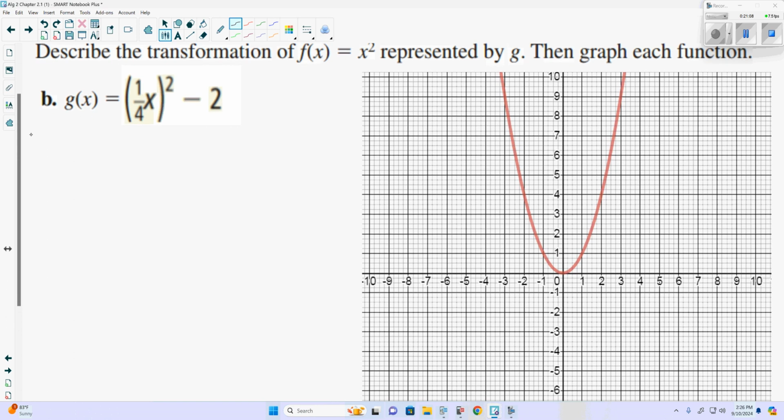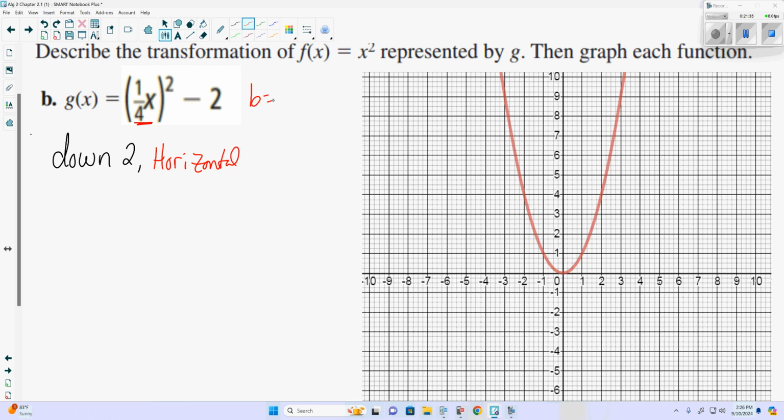How many transformations do we have here? 2. We have that 1/4 being multiplied by x inside the parentheses and the -2. Why don't we deal with the -2 first? Down 2. Now the 1/4 being multiplied inside the parentheses is going to be our horizontal stretch or shrink.